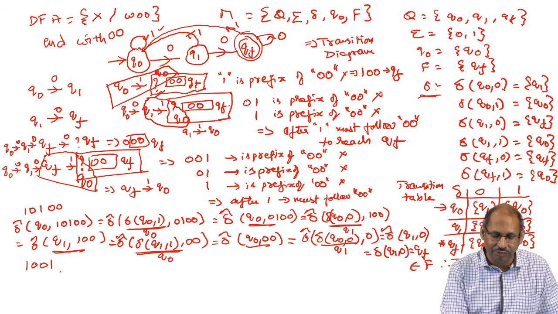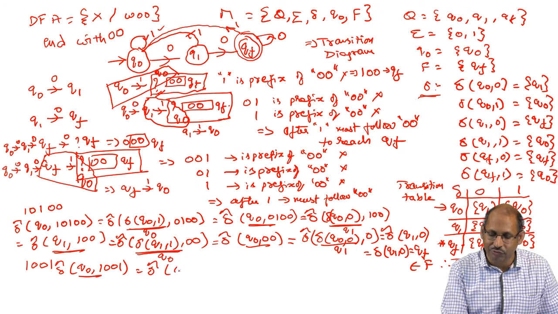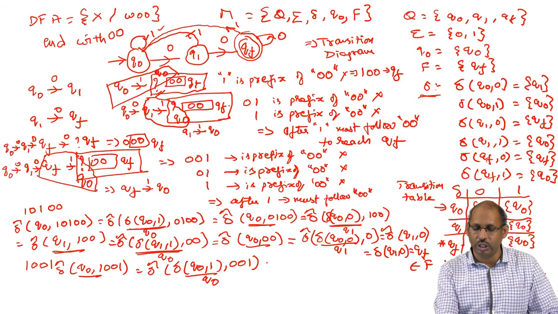String transition function, starting at Q0, with input 1, 2 zeros, 1. We consider the first symbol: transition of Q0 on 1, followed by 2 zeros, 1. This results in Q0 only. Q0 on 1 is Q0 only.